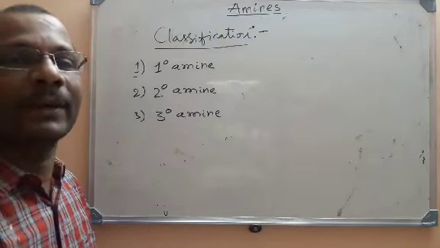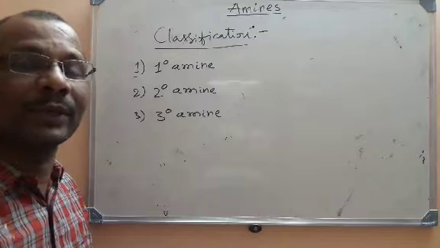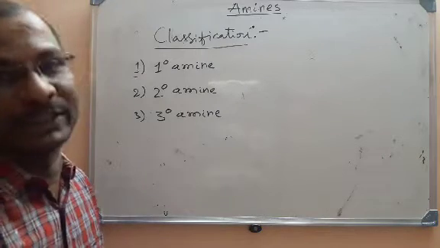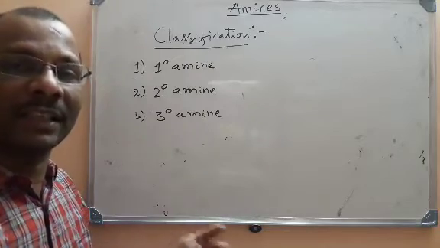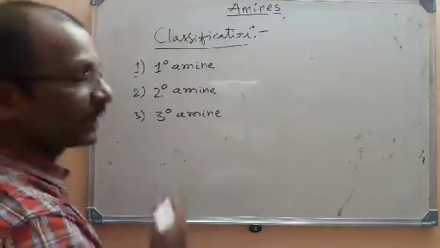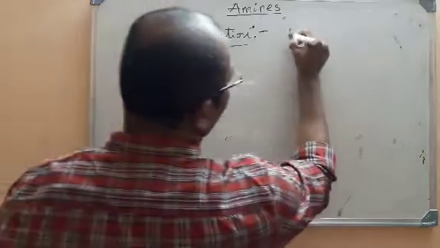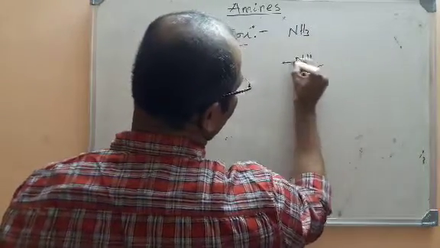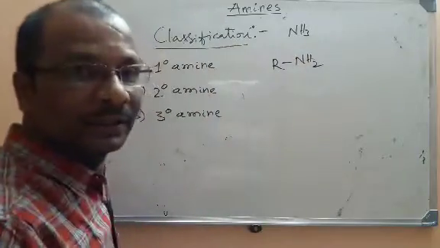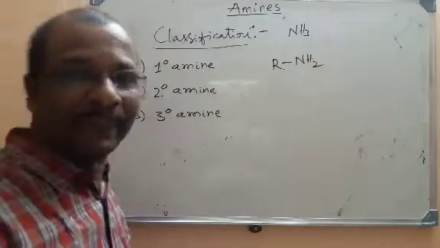It is independent of the nature of the carbon. It depends upon the number of hydrogens on ammonia that have been replaced. For example, let us go to the primary amine. NH3 is ammonia. Let us imagine that one hydrogen of ammonia is replaced with one alkyl group. Now the amine formed is called a primary amine.